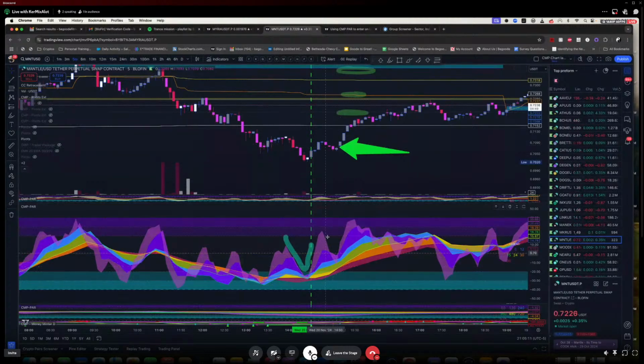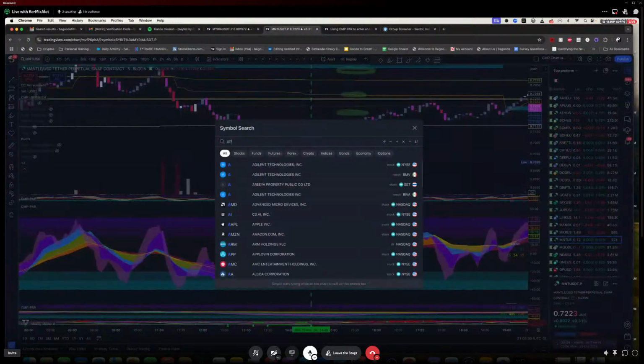Right here, as the 3 and the 6 come back in and create another little gap, that was a continuation signal. Okay, so that was MNT, and it had the scalp PAR gap, and then I'm going to move over now to Apu.